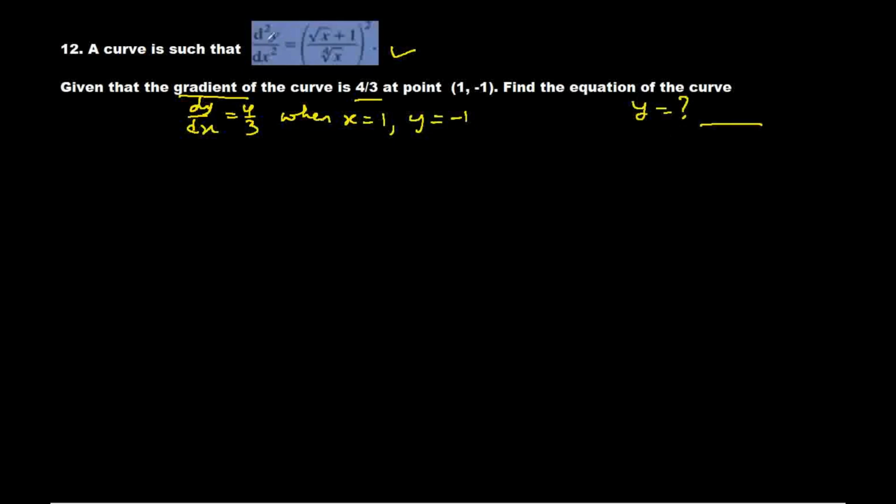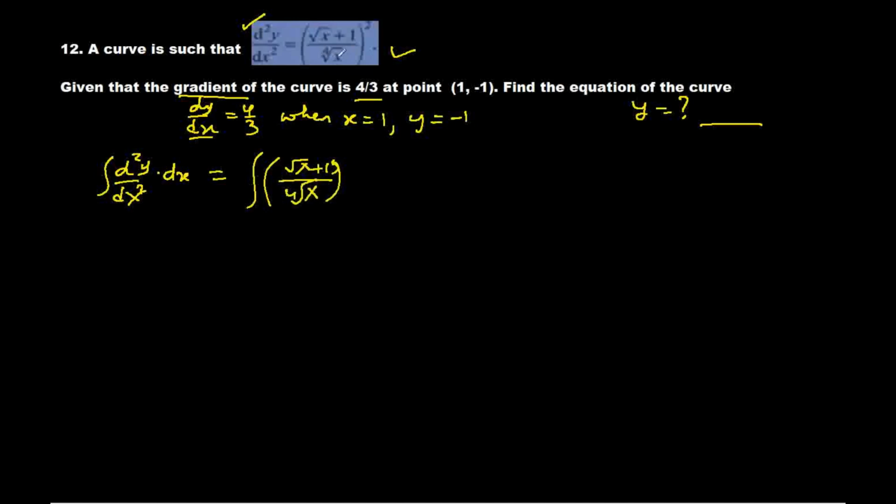That's the expression we need. Now, since this is the second derivative, we have to go to the first derivative so that we can substitute these numbers. So we have to integrate d square y over dx square with respect to dx and also the right side, which is square root x plus 1 over fourth root of x.